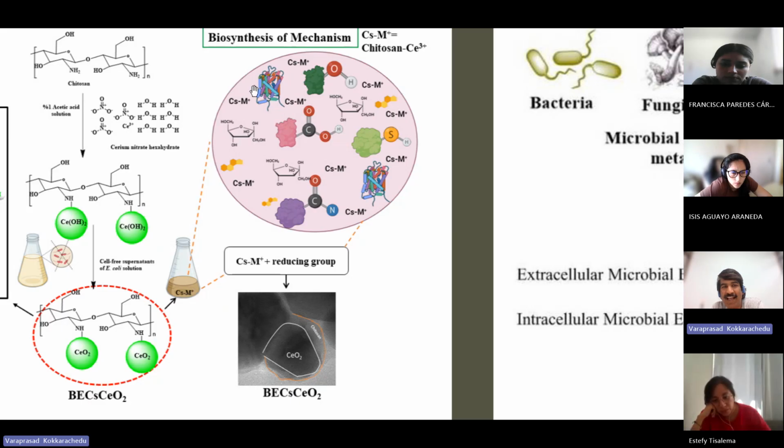There are many reactions inside, and finally they form CeO2. The chitosan and cerium hydroxide are reduced to CeO2. Why is this happening here? Because of this bacterial liquid, it is converted into a nanoparticle solution. The same phenomenon applies here.